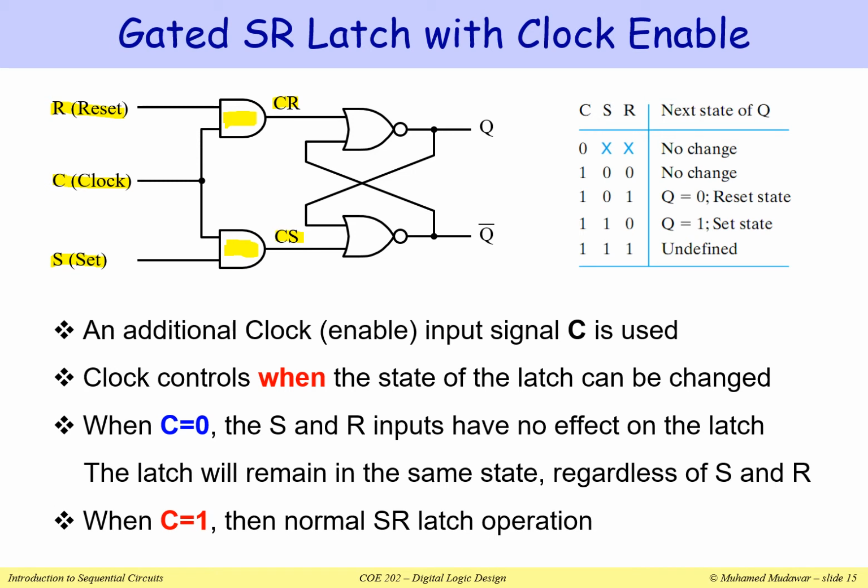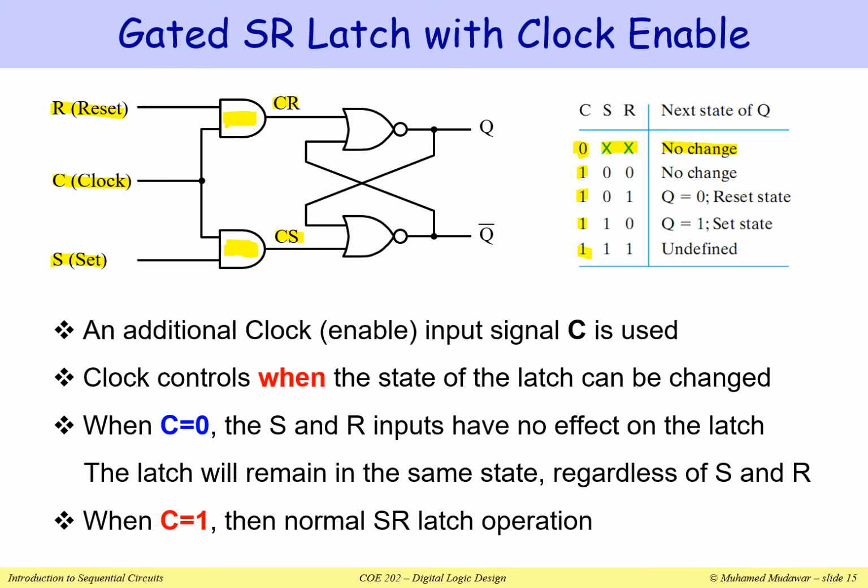So this will give me this function table, which is shown here to the right. If C is equal to 0, my clock is low, we don't really care about the value of S and R, and there is no change in the output Q. However, if C is equal to 1, then we have a normal operation of an SR latch.